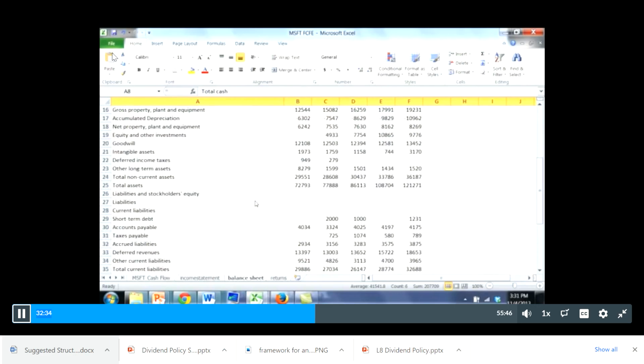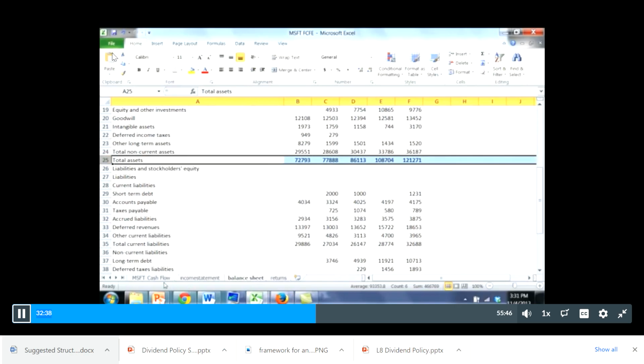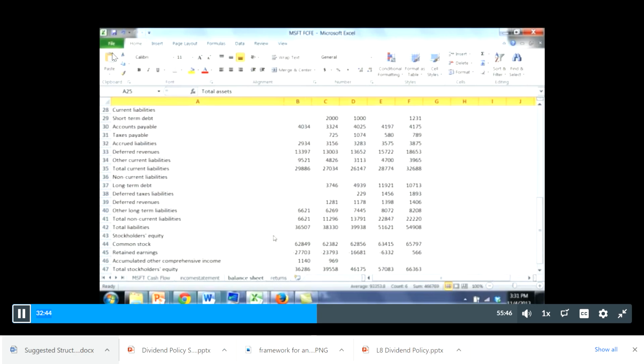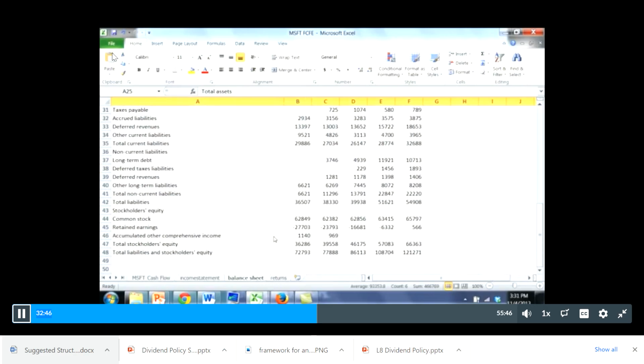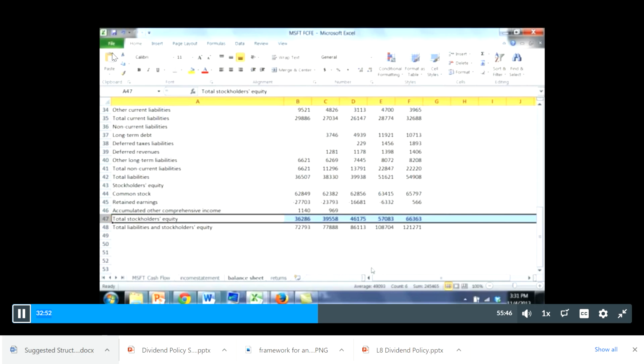That's not total assets, that's total cash. Here's total assets. And I'm going to get total equity also from the balance sheet. Right? Not total liabilities and stockholder equity. Of course, that would be the same as total assets, but total equity.